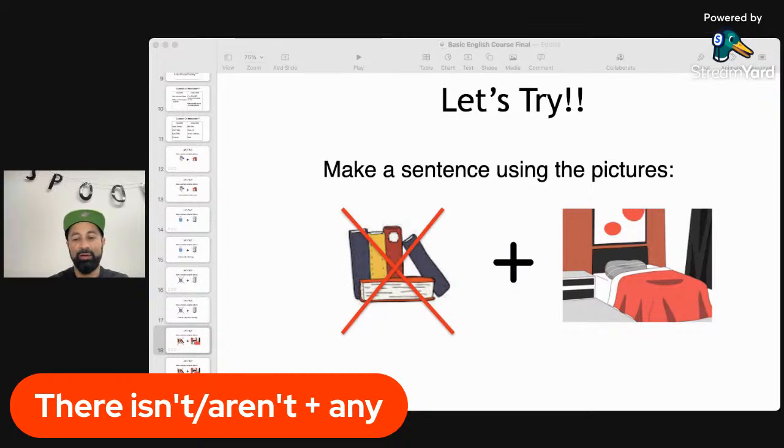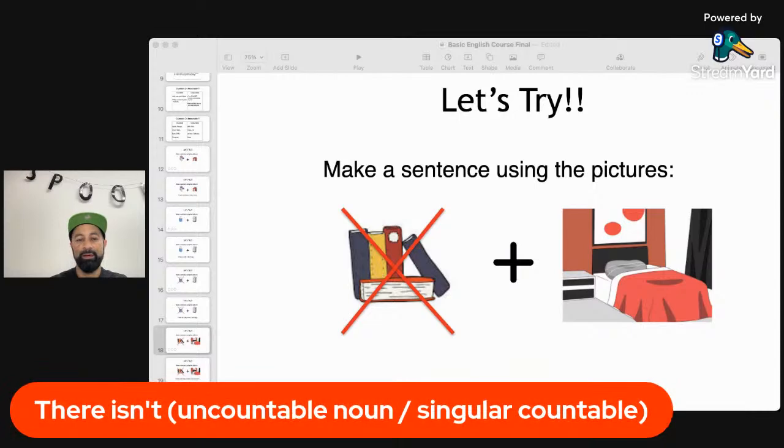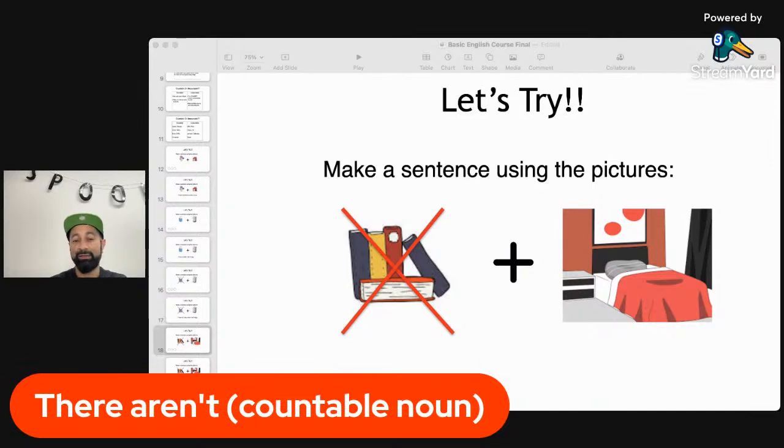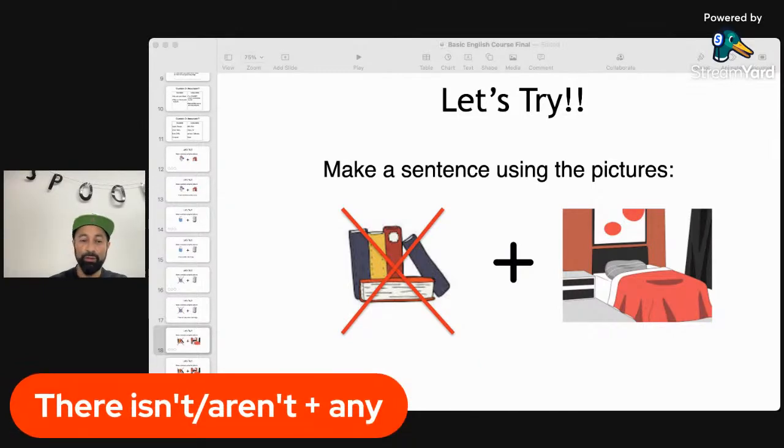Don't forget the word any. All right, so remember, there isn't is going to be using an uncountable noun or a singular countable noun. There aren't is going to be using countable nouns. And don't forget, use the word any.